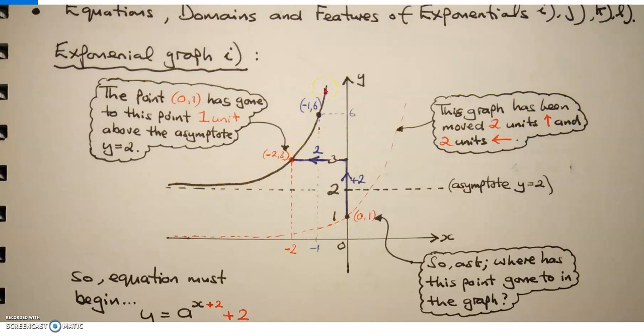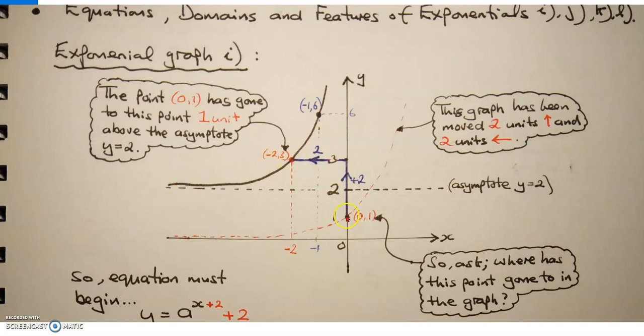Just as this point on the original exponential is 1 unit above the x-axis, which is the asymptote for the original curve, it is 1 unit above the asymptote.